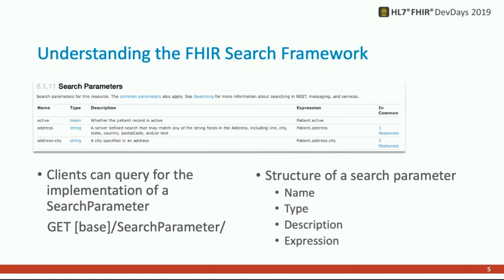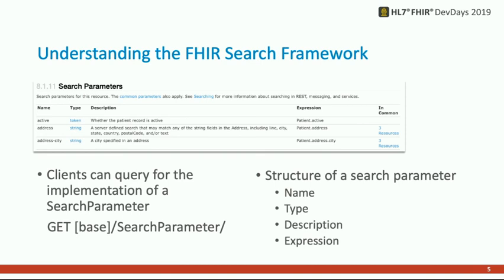But now, what can you do? First of all, every FHIR resource itself provides you with a list of FHIR search parameters at the end of the specification page of that particular resource. So, for example, here we have a subset of the search parameters on patient. And every FHIR search parameter is structured in the same way.